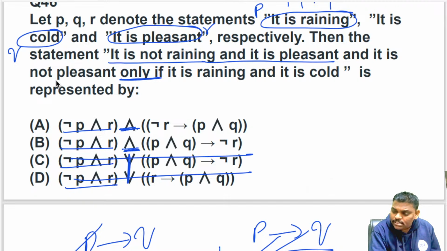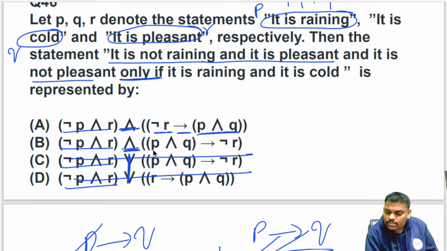See this one. This is the only trick he played here. It is not pleasant only if it is raining and cold. This is the game he played. Pleasant is R, so not pleasant means negation R. Only if means implies: it is raining and cold. So he did the reverse.